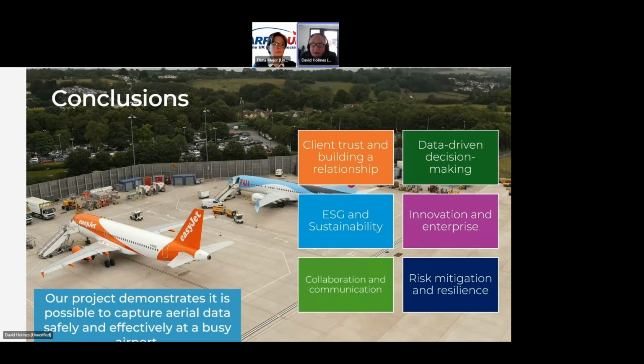So I think that our data would allow that to be digitized in a slightly different way. But I suspect, like any large asset owner, a lot of airports just don't have asset information which is necessarily up to date, whether that's topo maps or 3D building information. So hopefully we can work with some airports to help them capture that data and do it a bit cheaper for them as well.